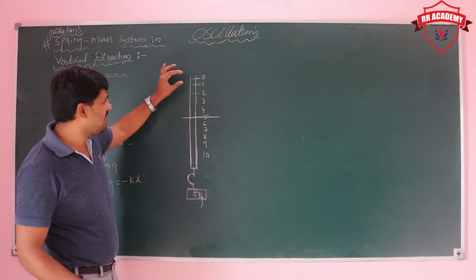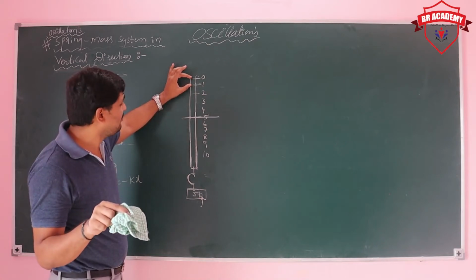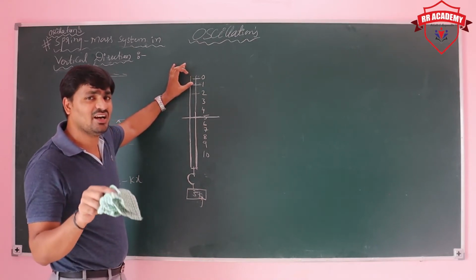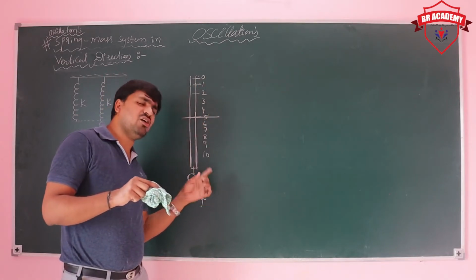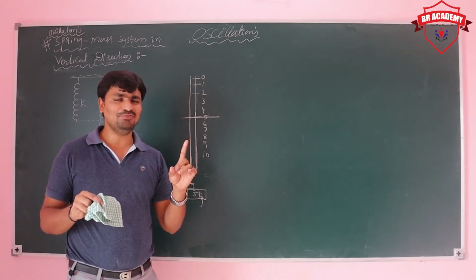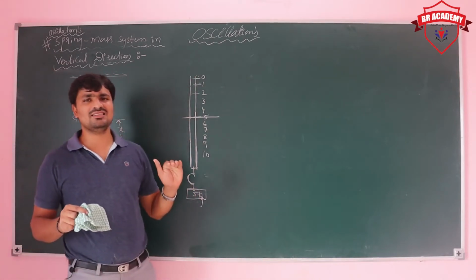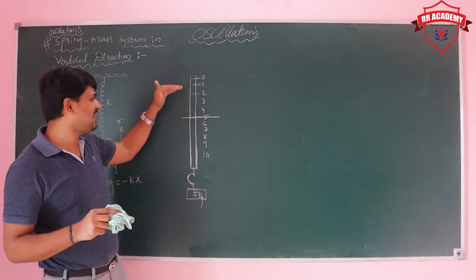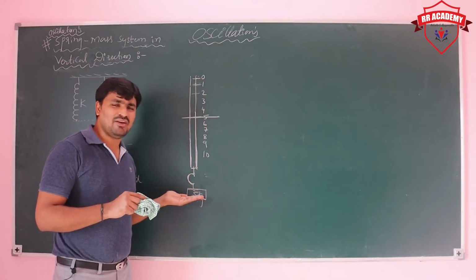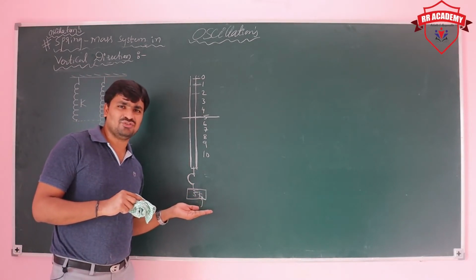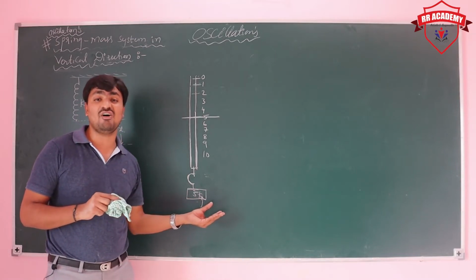If you attach 1 kg and it is extended by 1 centimeter, that 1 centimeter extension is due to the weight of 1 kg. If it is extended by 5 centimeters, the 5 centimeter extension is due to 5 kg of weight.